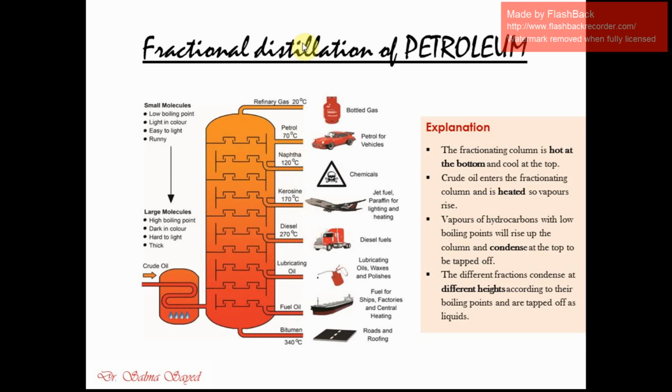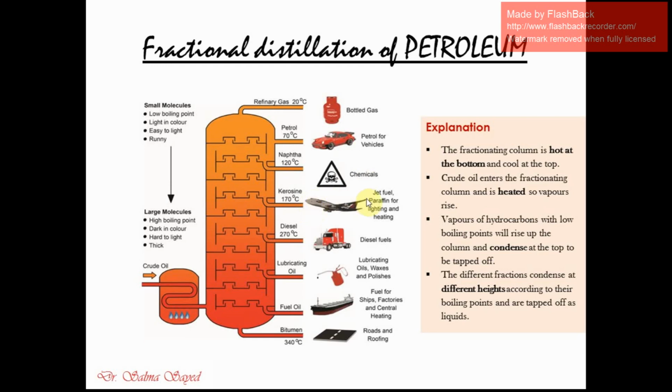I should be able to know the uses of each fraction. So for instance, refinery gas is the bottled gas that I use for home cooking and heating. Petrol, which is also known as gasoline, is used for cars. Remember, you need to know both synonyms, so petrol and gasoline. Naphtha is used in the chemical industry to make chemicals.